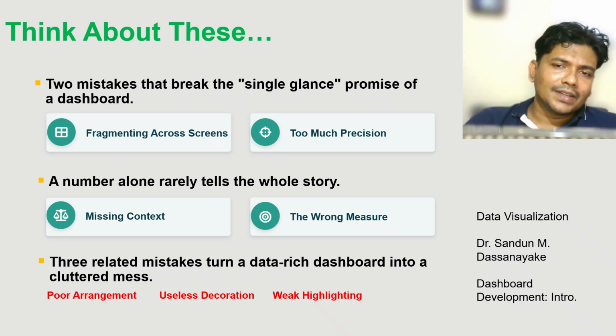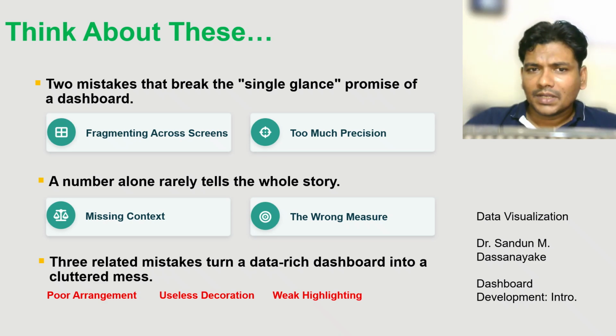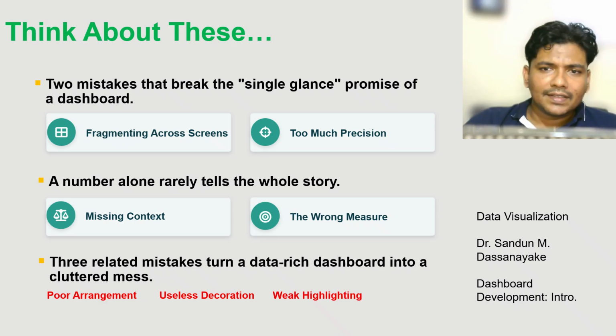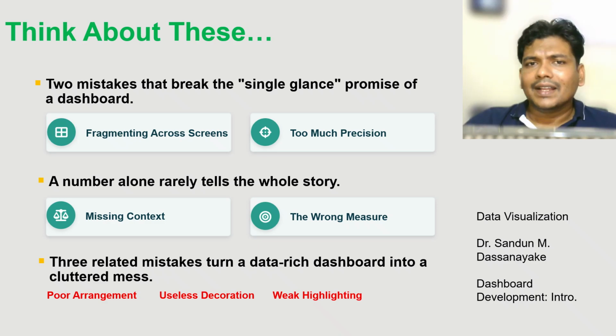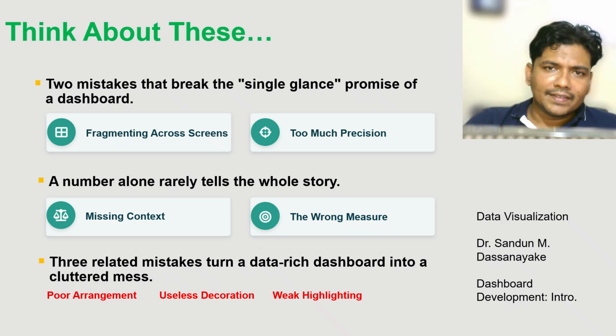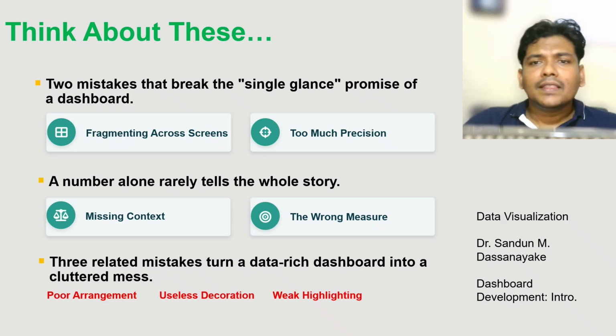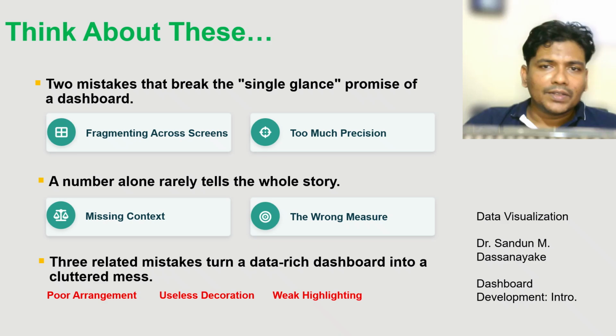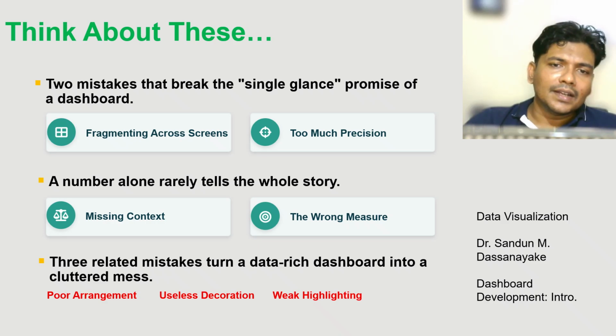Useless decoration is also a problem, like textures, gradients, or mascots, anything that distracts the eye before it gets to the data. None of these problems are about technical skill. They are about discipline. The best dashboards are usually the ones where the designer avoided the urge to fill every bit of space.